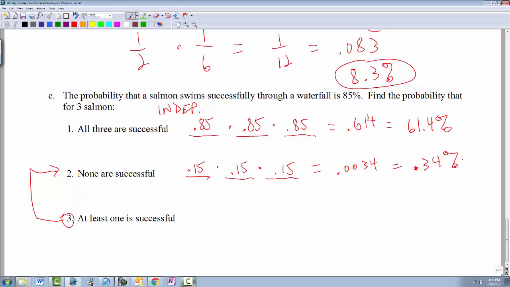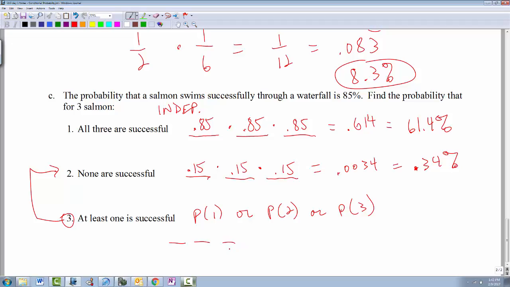Now we have a problem. Because what is at least one is successful? That means one is successful, or two, or three. And I was thinking about this morning, and I wrote it on their notes, but there's a problem with this. Let's do one is successful.